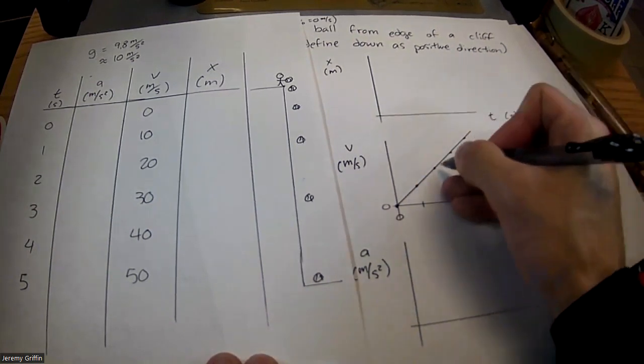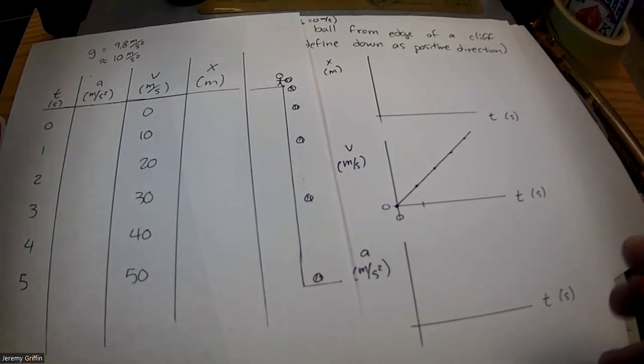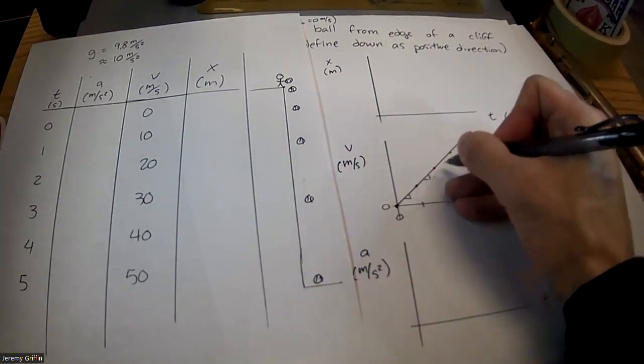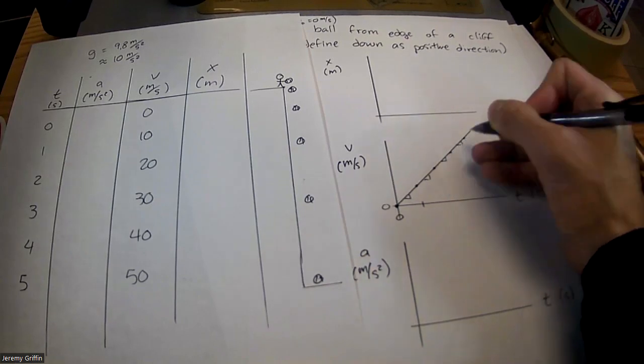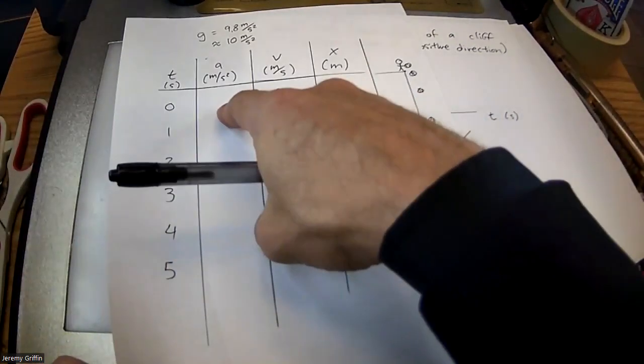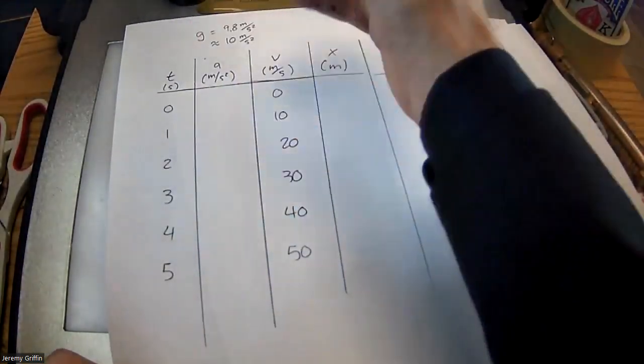Next thing, what does the slope of this curve represent again? Acceleration. Thank you. And is the slope changing anywhere, or is the slope the same all the way along? It's the same everywhere. So what do you think goes all the way down this column? Yep, there you go.